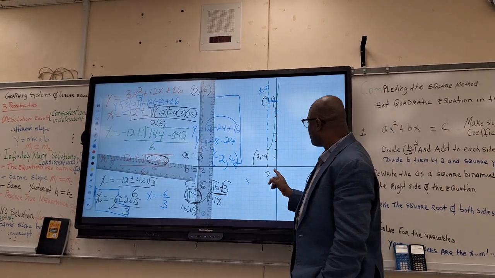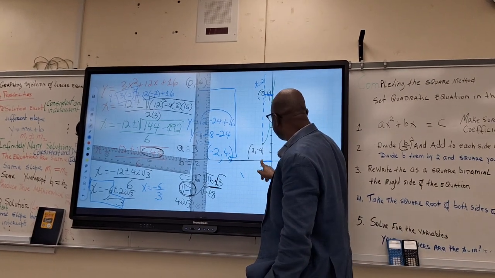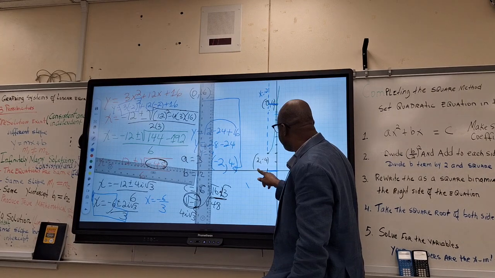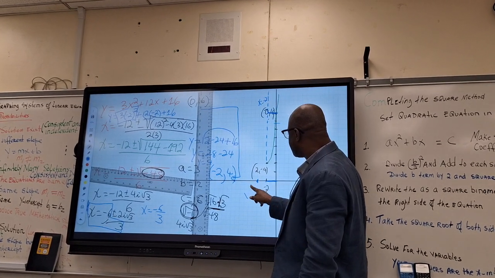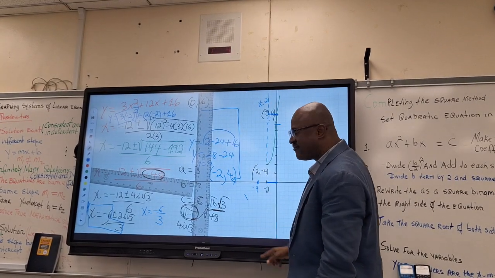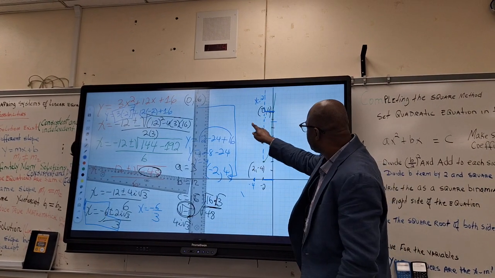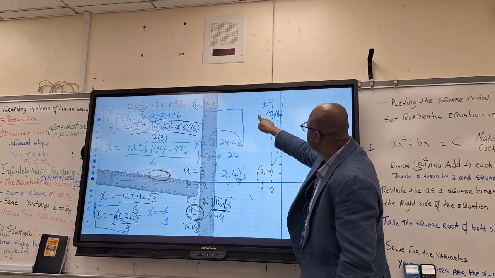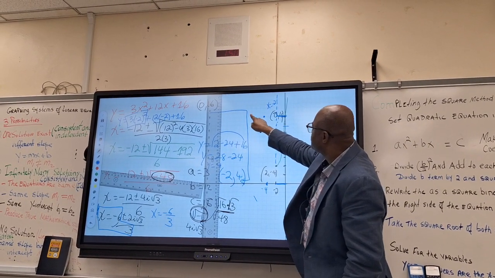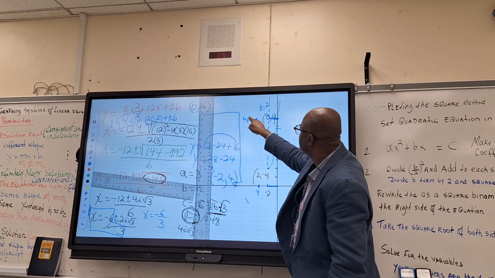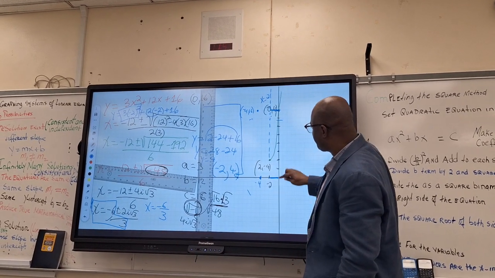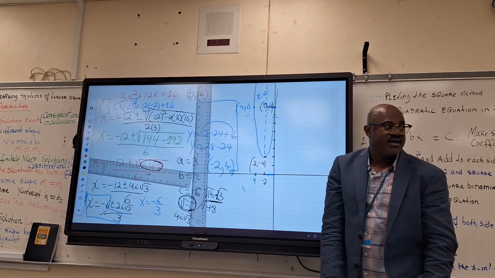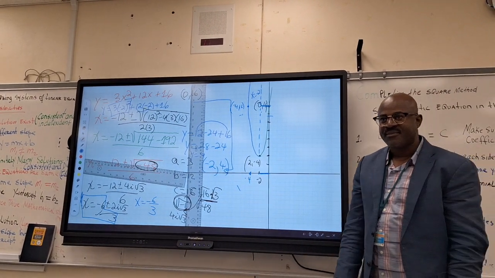You will be at negative 4. You see from here to there is 1 unit, 2 units, 1 unit, 2 units. You will be there. When x is negative 4 here, I'm going to match it with that number here. And what is y? So this will be (negative 4, 16). That will be my point of reflection. And that's how I reflect it to get the other part of the graph. And I am done. Does that make sense?